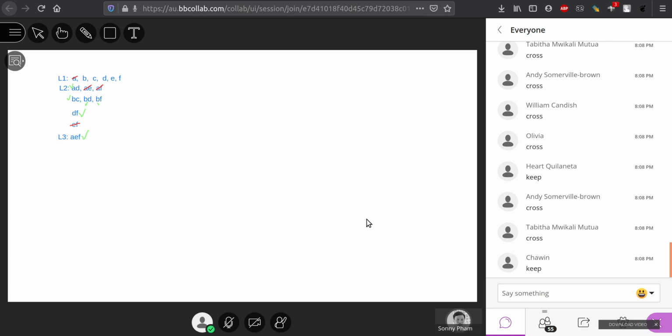You have BC, BD, BF at level 2, and B is part of them. Likewise D and F should be crossed out as well, and C, and E is already in there, so E is crossed out as well, right? Whatever item sets come with green ticks, we can say they are maximal. That's the process.